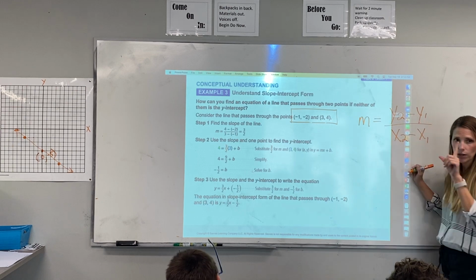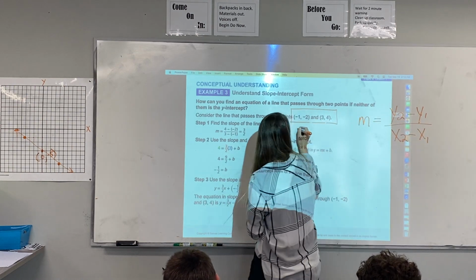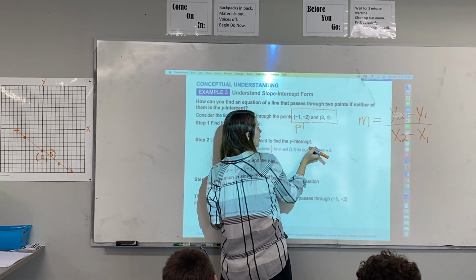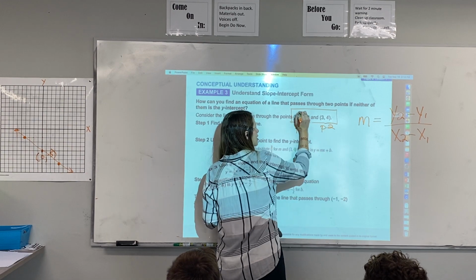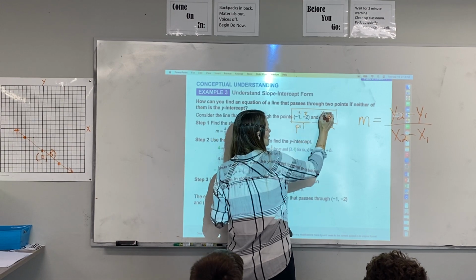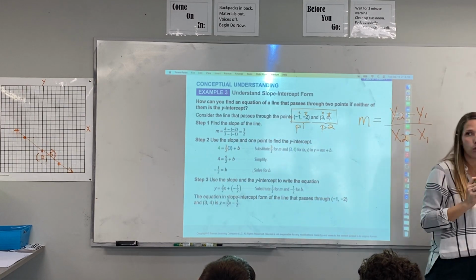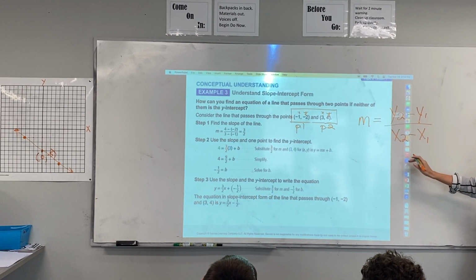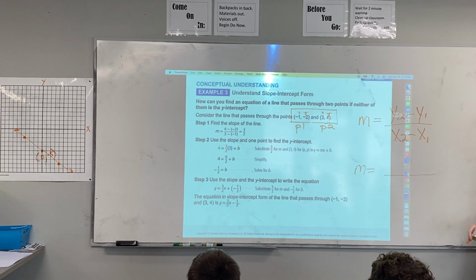So the first thing we're gonna do is plug in our points. And I like to label them. I'm gonna call this point 1 and this one point 2. Then I like to write x and y and x and y, even though it seems kind of silly, it just keeps things really organized for when I want to write this over and fill in my values.